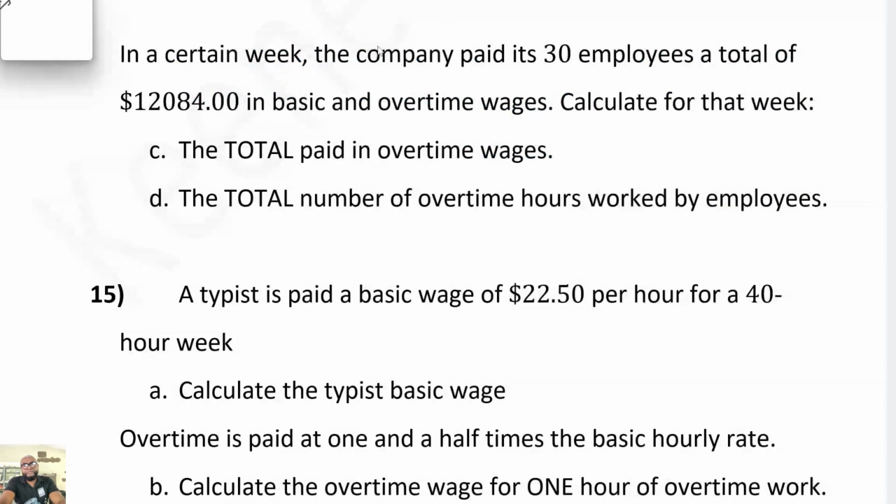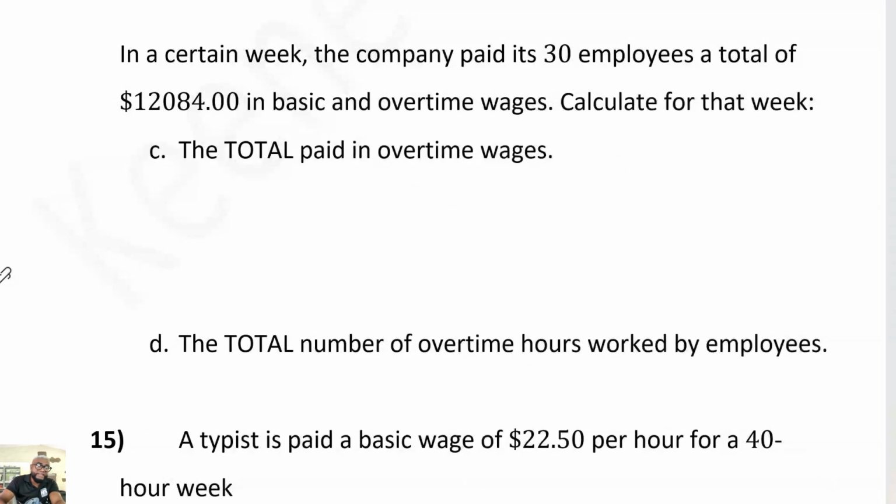In a certain week, the company paid its 30 employees a total of $12,084 in basic and overtime wages. Calculate for that week the total paid in overtime wages, right? So this here includes basic and overtime wages. So you know what we could find here? We could actually find the overtime wages.